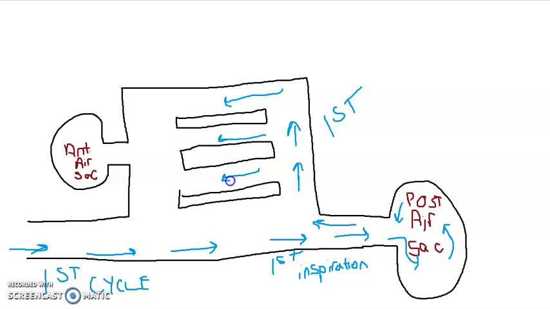So we're just getting from first inspiration to the posterior air sac, and then we've got our first expiration, and that's going to get us into the lungs. Okay, so that's our first cycle.